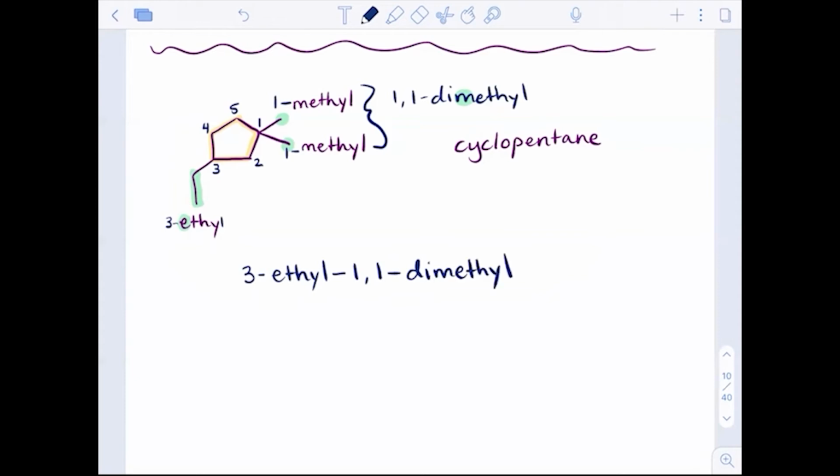Alphabetical order, E comes before M. I need both numbers of 1 because even though it seems redundant, it helps identify that there are 2 methyls and they're on the same carbon. Cyclopentane. Notice how this is all one word. We put dashes in between numbers and letters, and we put commas in between numbers.